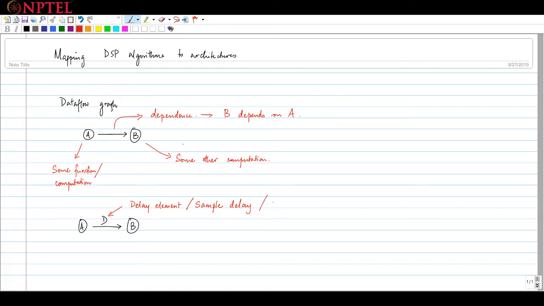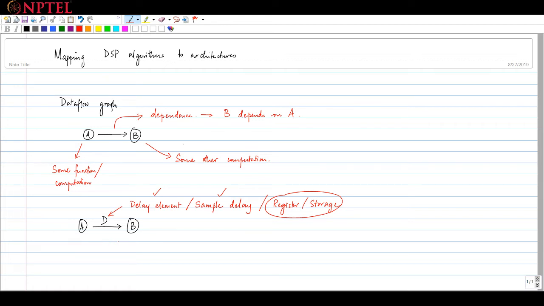You could also think of it as being some kind of a register or storage, right? But this can potentially be misleading. It gives you the impression that we are talking about single bits or small values over here. So probably delay element or sample delay are the best ways of really thinking about what this D means. What does it mean in practice?